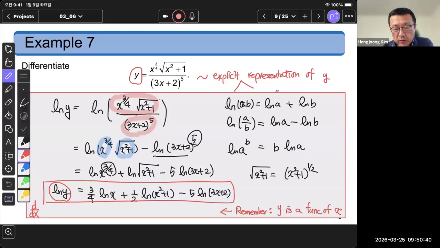When I differentiate the right hand side, you need to differentiate term by term. When ln x is differentiated, you get 1 over x.